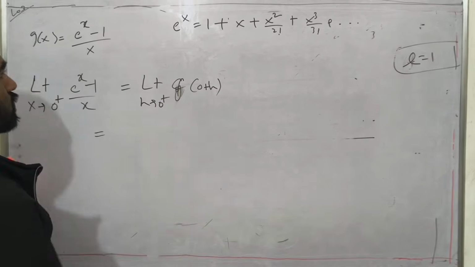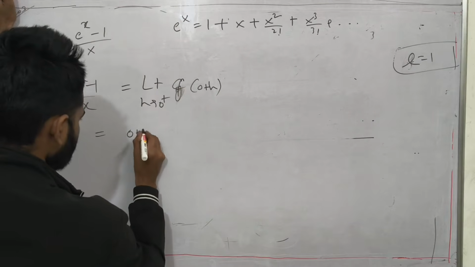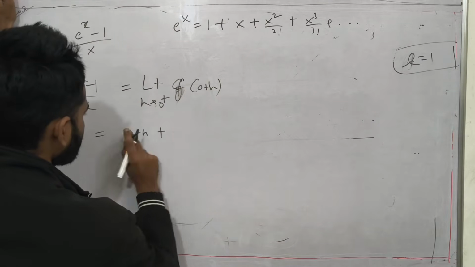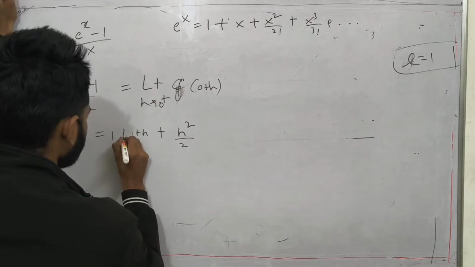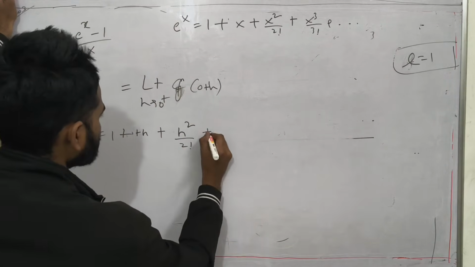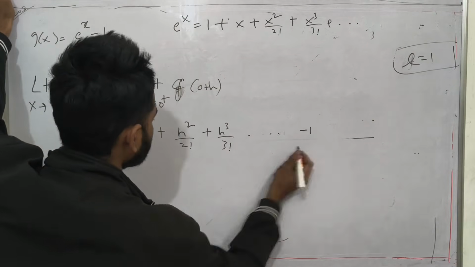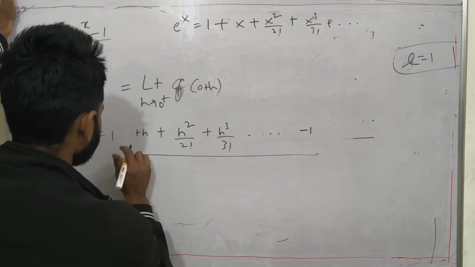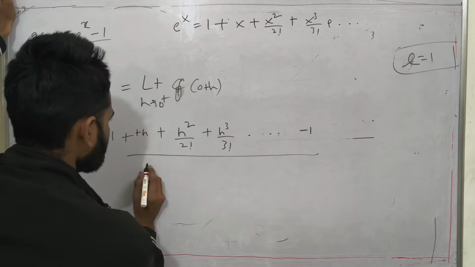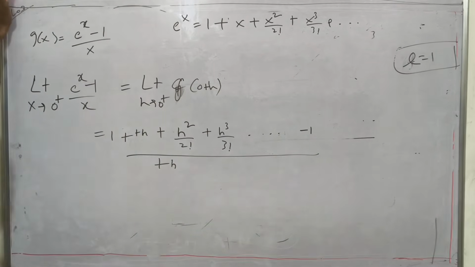Substituting the expansion directly, we get 0 plus h plus h square by 2 factorial plus h cube by 3 factorial plus so on, minus 1, by h.